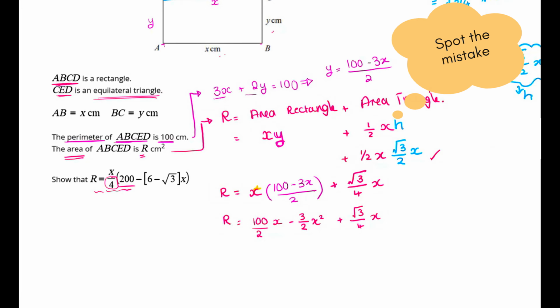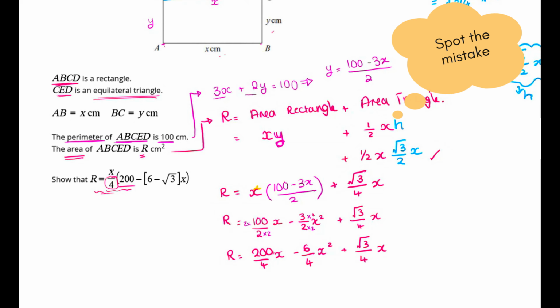Now, why did I do that? Because if I look at the denominators now, I can make them all over 4 so I can get it into this form, right? So to make this over 4, that's 2 times 2 times 2. So I'm doing it just a longer version, but just so that you can see where it's coming from. So R equals 200 over 4 x minus 6 over 4 x squared, and you've already got the root 3 over 4 x squared.